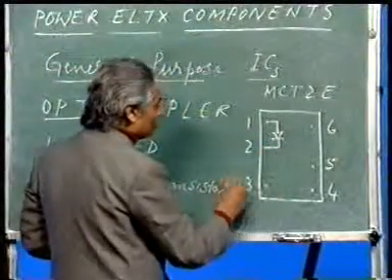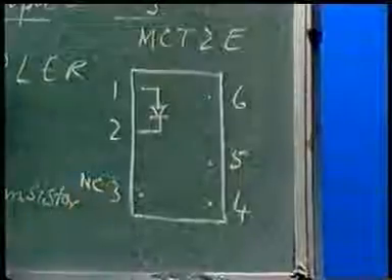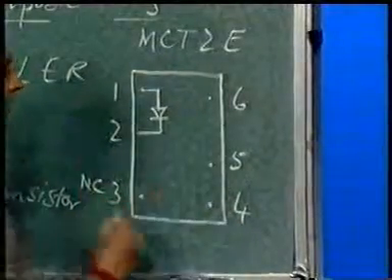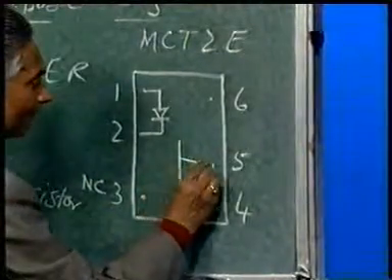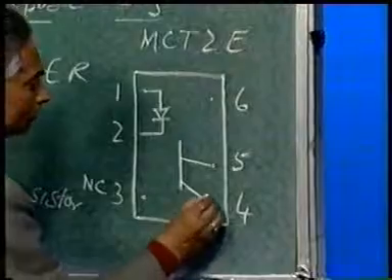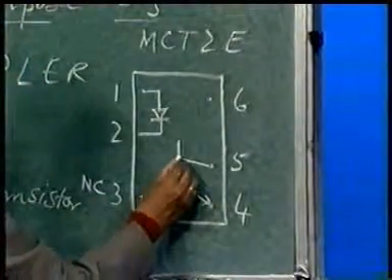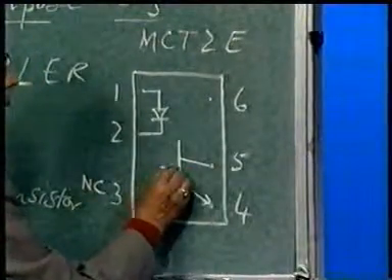At pin number 3 there is no connection, NC. Between 4, 5 a phototransistor is connected like this, whose emitter is connected at 4, collector at 5 and base is open.